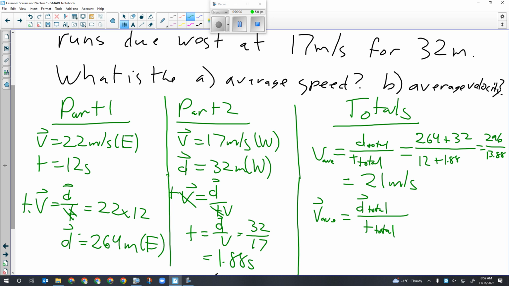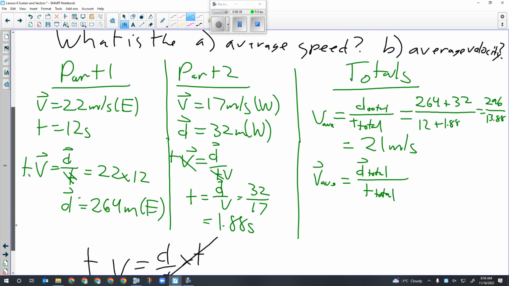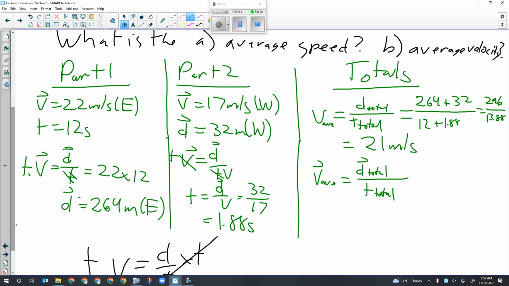Now, what's the only thing I do different for finding velocity? You have to subtract the distances. Right, or add them and make one of them negative, as long as I put in that these are opposite. One is east and one is west. The most likely way is to subtract.